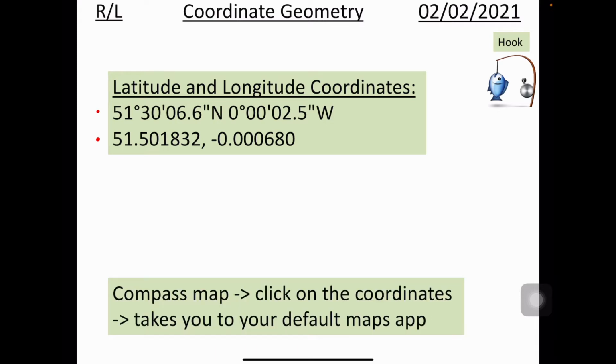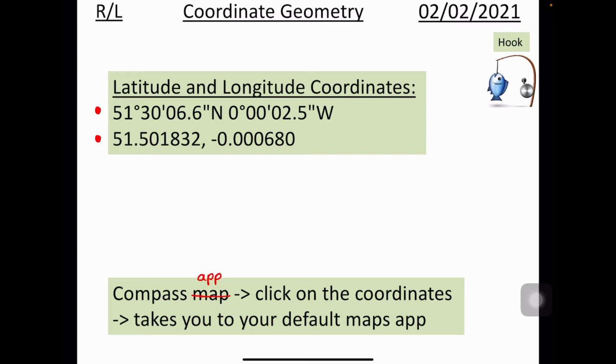So I just want to show you how you can see the coordinates of your current location. Go on your compass app. So on my iPhone, I have a compass app, and underneath the picture of a compass, you will see the coordinates, and they will either be in this form or in this form.